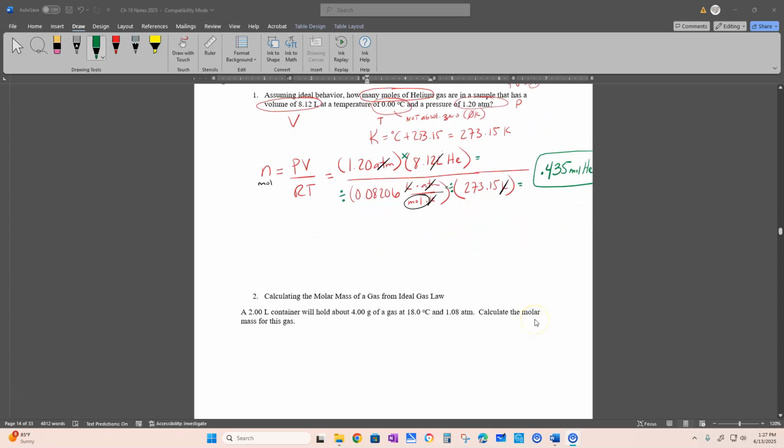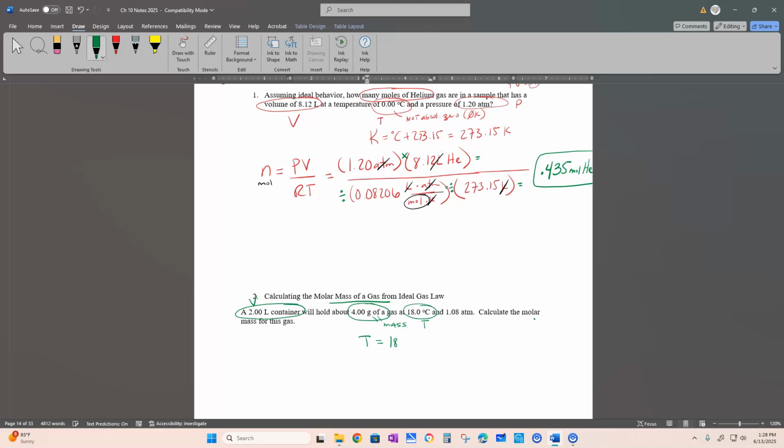Let's try another one. Let's say I want molar mass. Okay? I have 2 liters, so I got my volume. I actually have 4 grams of gas. Well, that's mass. That's not moles. I don't even know who this gas is. I have temperature, but we know we got to get that guy. And because I already wrote my temperature equation up there, I don't have to keep writing it over and over.